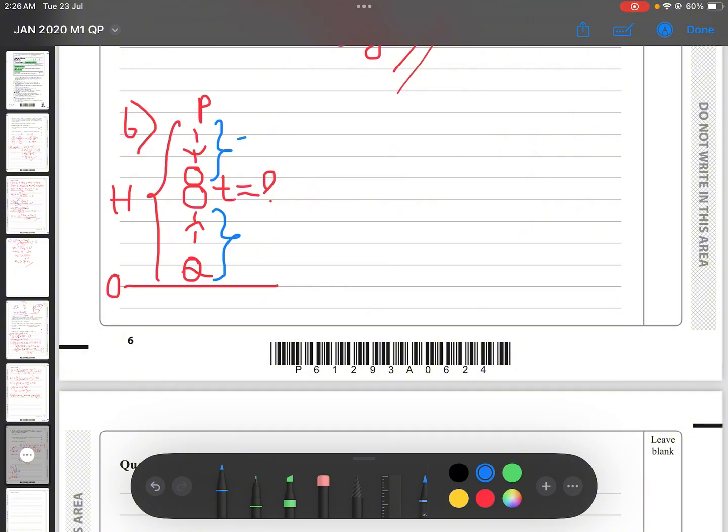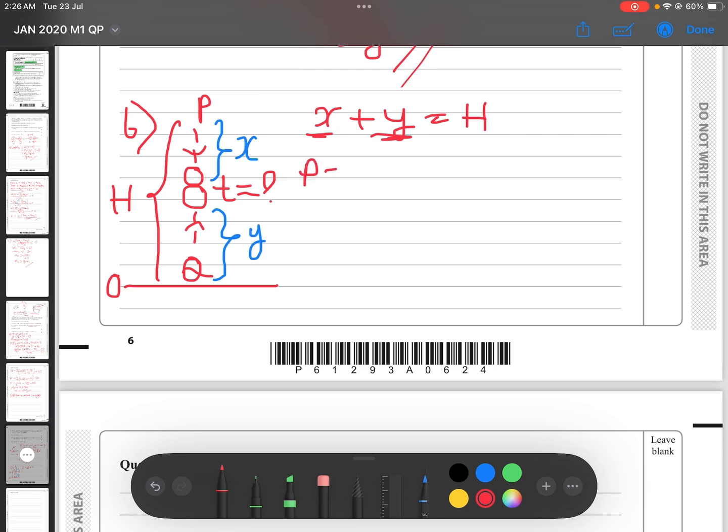So I'm going to consider traveling down as x, going up as y. So we have an equation x plus y equals h. Now our duty is to find distance x and distance y, again using the SUVAT equations.